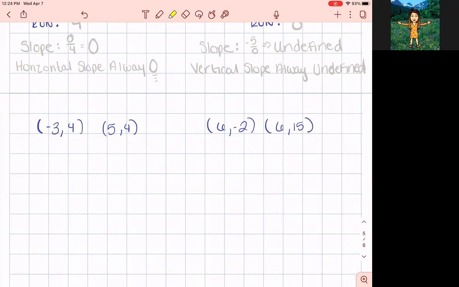Notice on this first one, the y doesn't change. So we can say when the y doesn't change, it is a horizontal line.